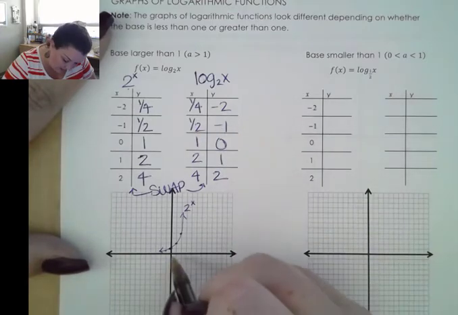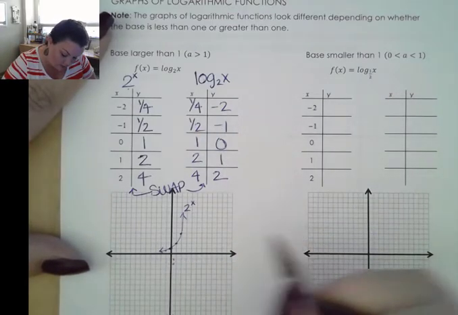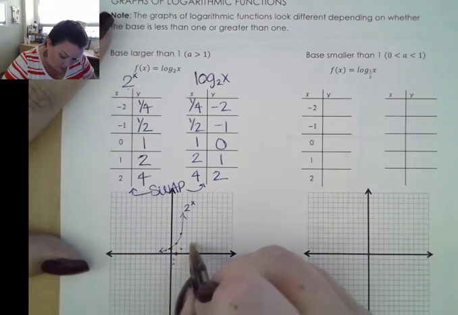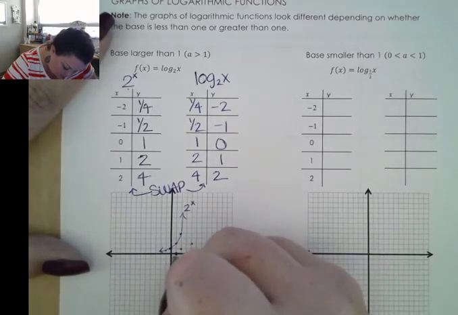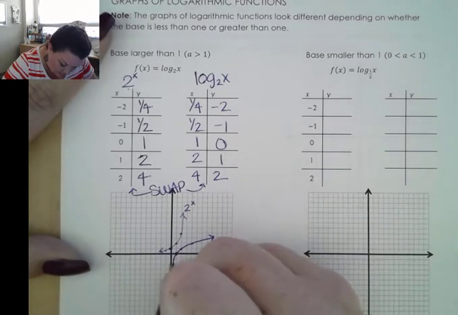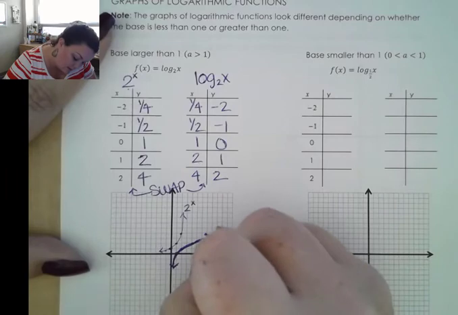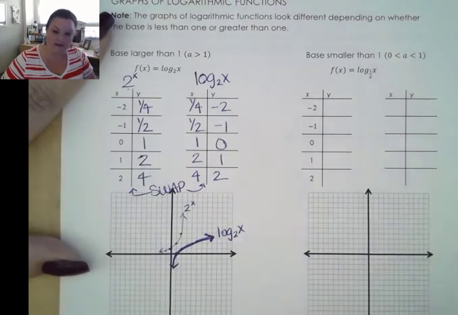When x is 1/2, we're down at negative 1. At 1, we're at 0. At 2, we're up at 1. And at 4, we're up at 2. So notice, make this one a little bit bolder. This is log base 2 of x.